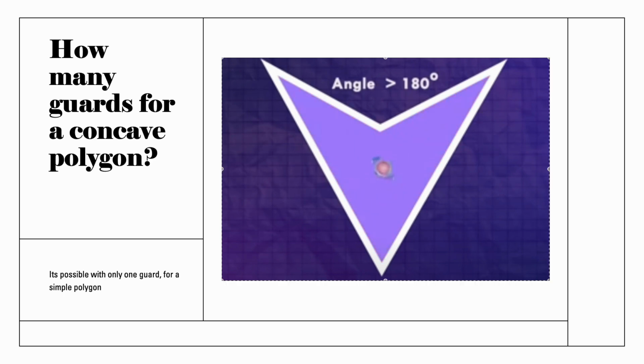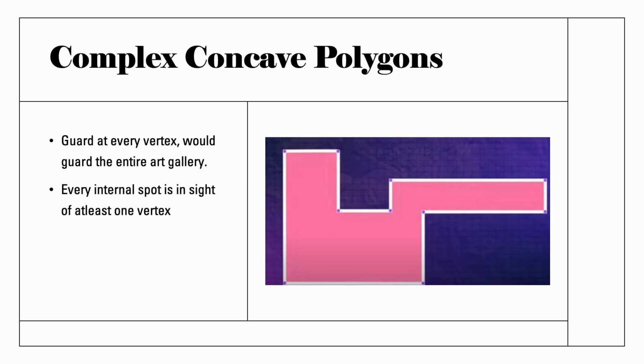But there are some simple concave polygons where we can achieve the entire art gallery coverage with just one guard as well. The main crux of this problem lies with the complex concave polygons. Over here, we see very clearly that one guard isn't going to suffice. So let's overcorrect this issue by placing guards at every vertex of the polygon. We see that this does solve our problem.